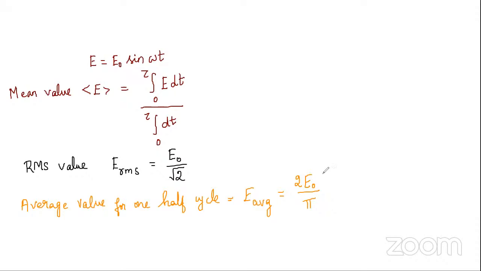For a sinusoidal wave, we have discussed the mean value and RMS value. For different kinds of signals, that is half wave rectified wave, full wave rectified wave, or square or rectangular wave, how can we find out the RMS value or average value? That we will be seeing now.